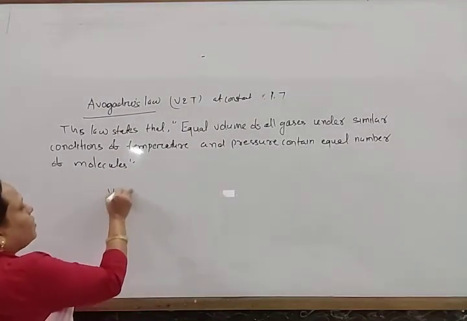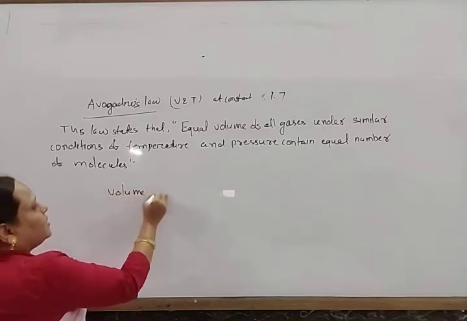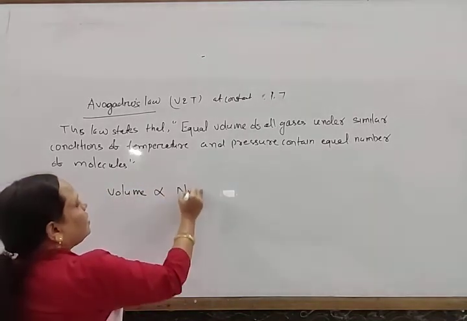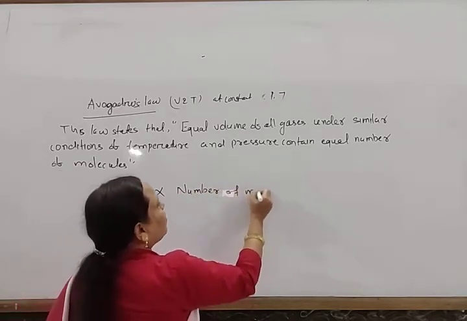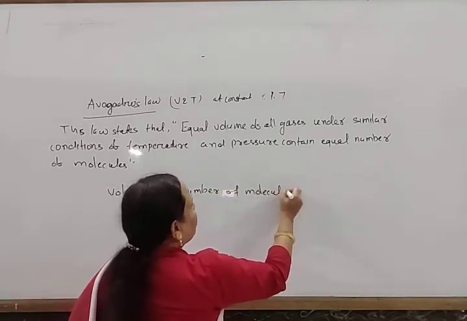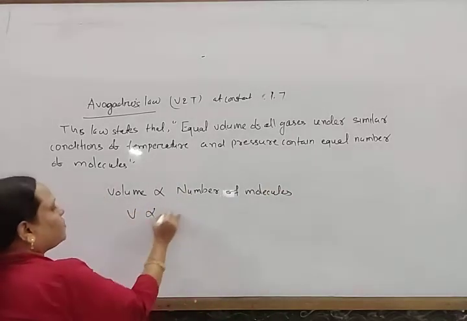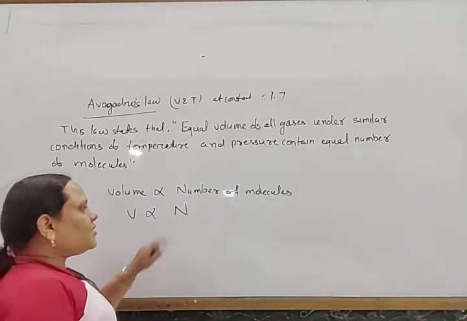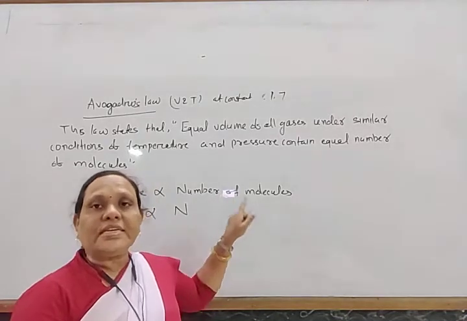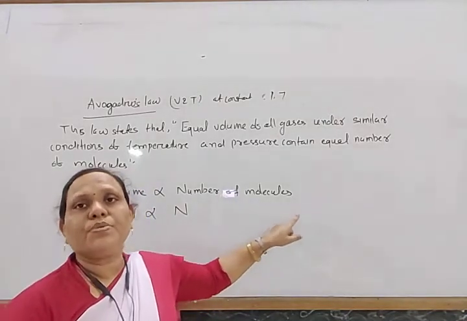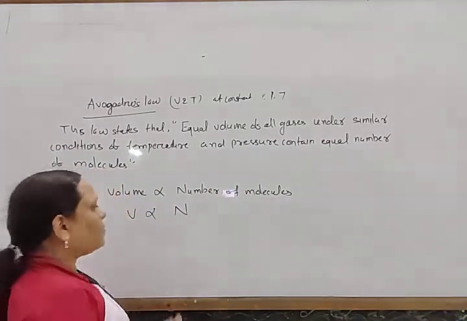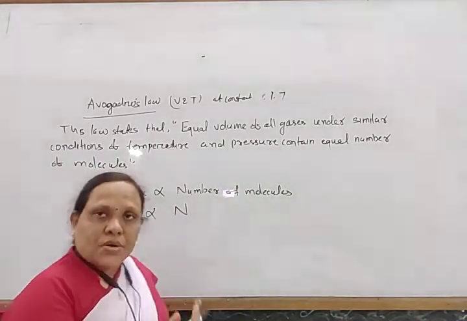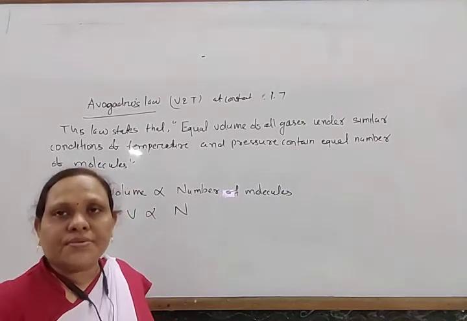That means volume is directly proportional to number of molecules, or V is proportional to N. The number of molecules is related with number of moles. 1 mole means always 6.023 10 to the 23.